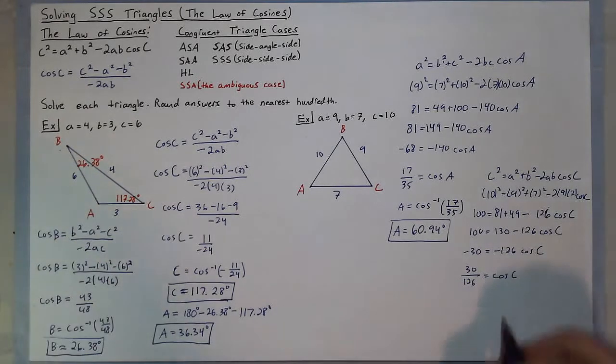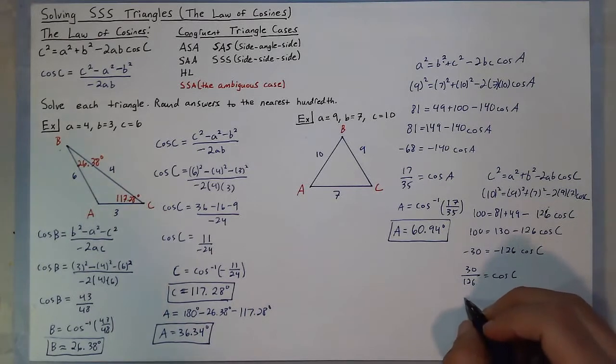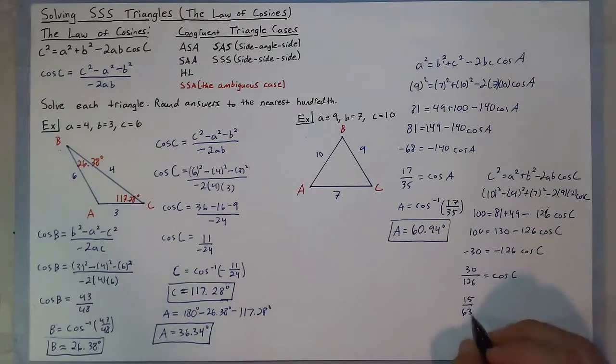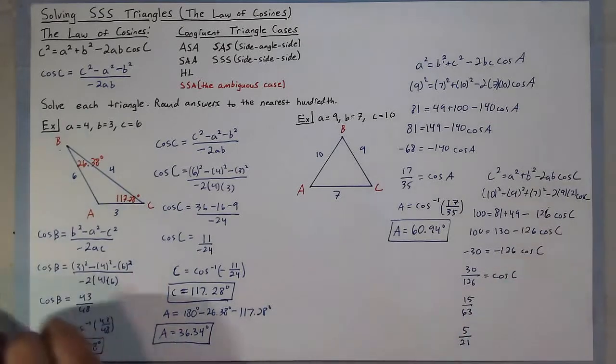I can get 15 over 63. And then they're both divisible by 3 as well, so I can get 5 over 21 for its final form.